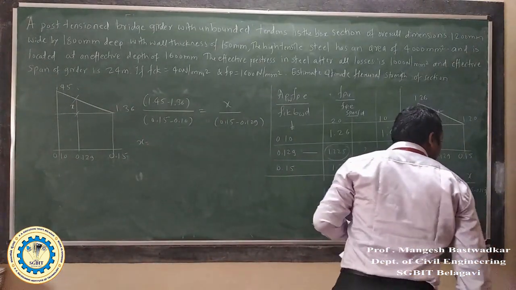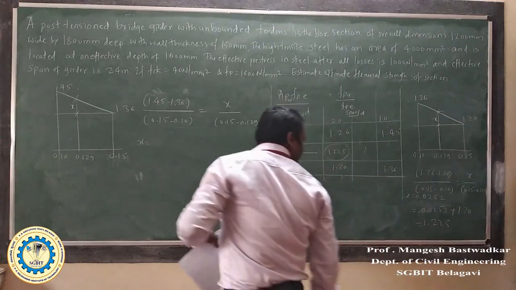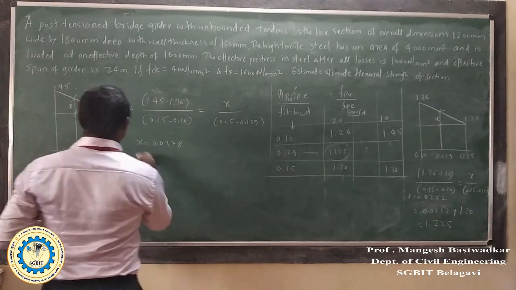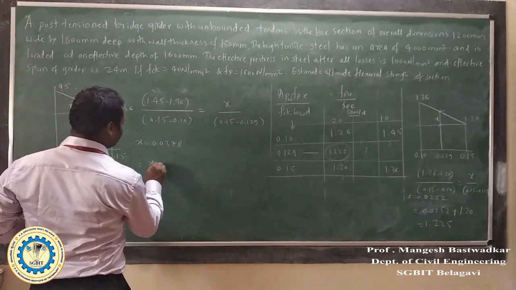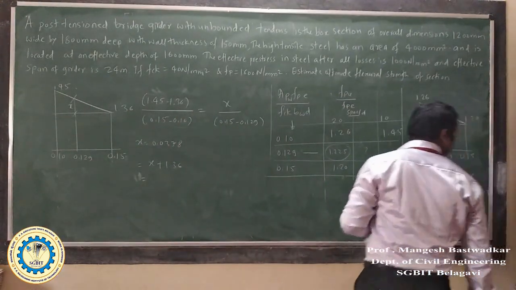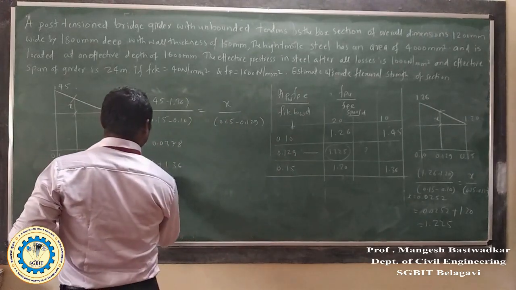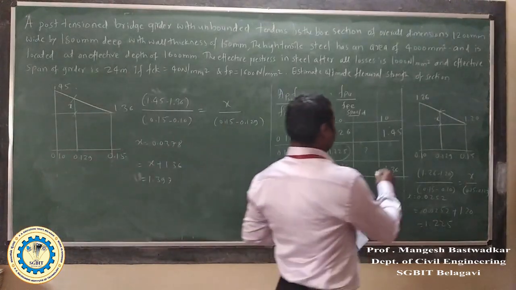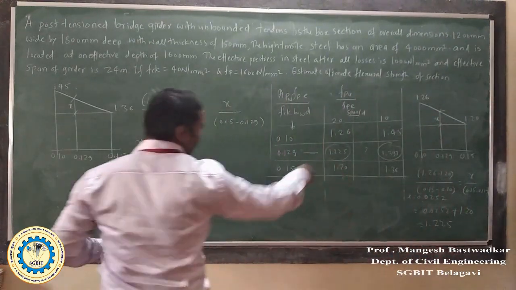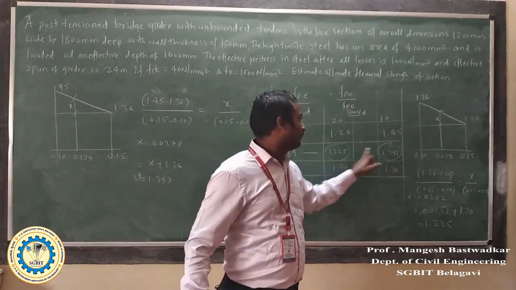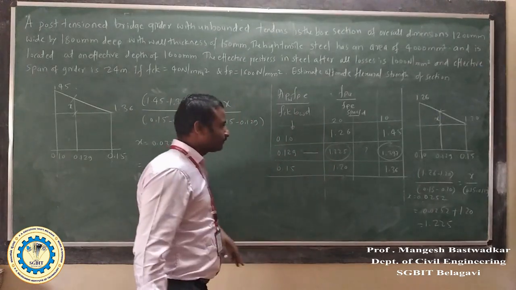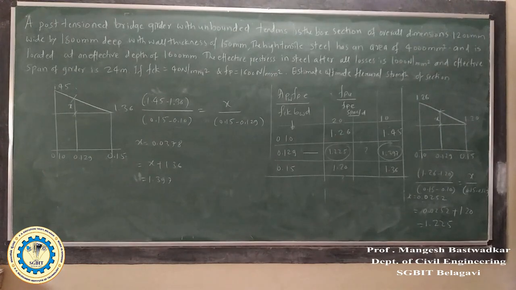That value we have got 0.0378. So here we'll obtain this x plus 1.36 value. So that value is 1.397. So we'll write here this value 1.397. Okay. So now we can easily interpolate this value. Directly you can add it or directly divide by 2.